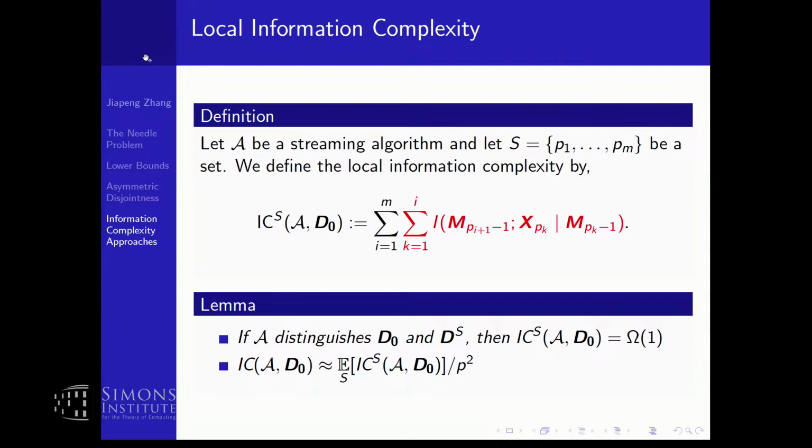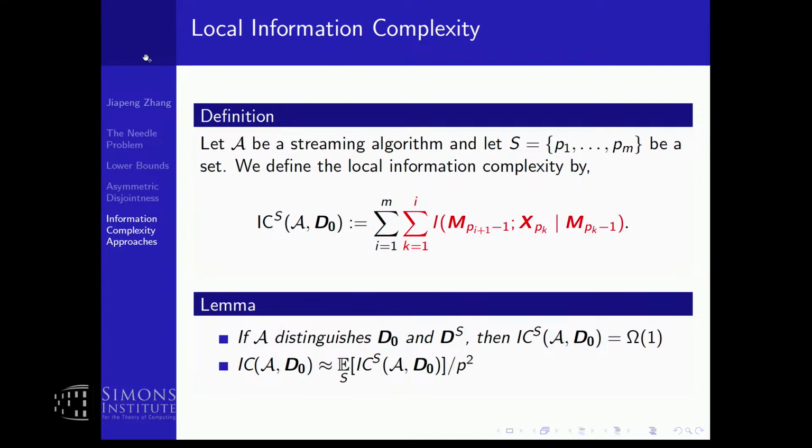The surprising thing is how could we get a 1 divided by p squared? Actually, this is by a simple expectation calculation. So how could we show the global information complexity is 1 divided by p squared times the expectation of the local information complexity?